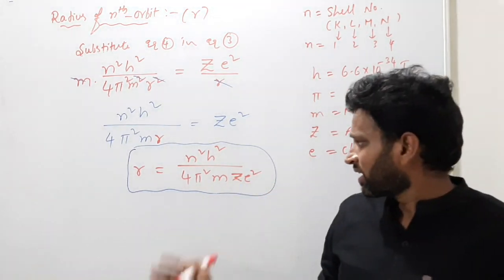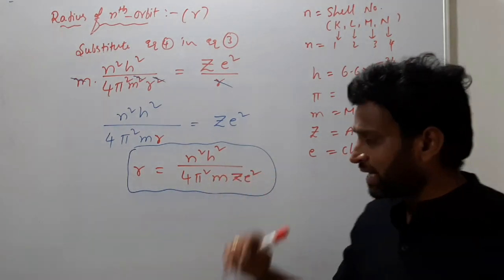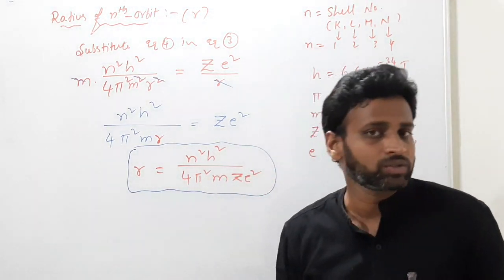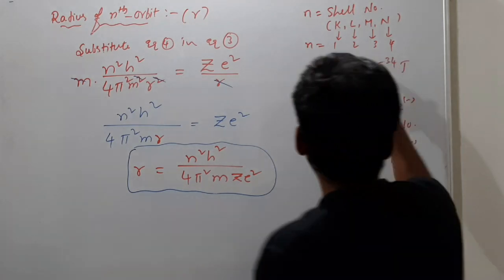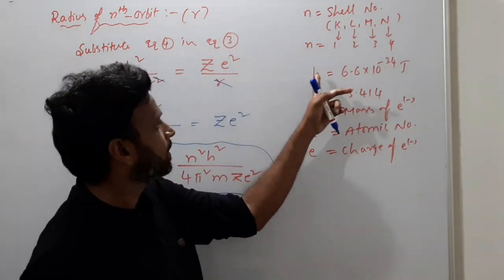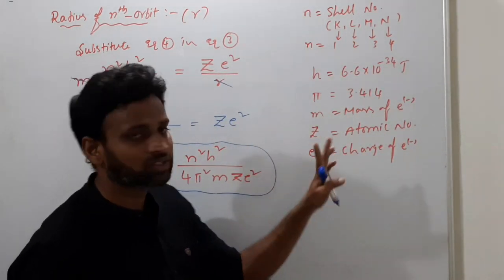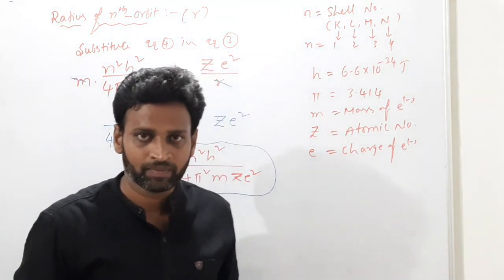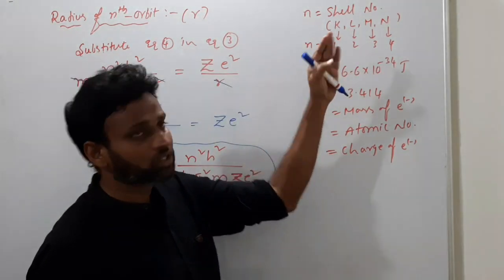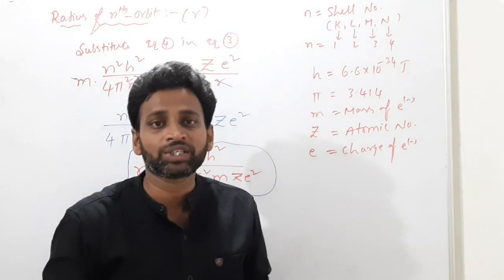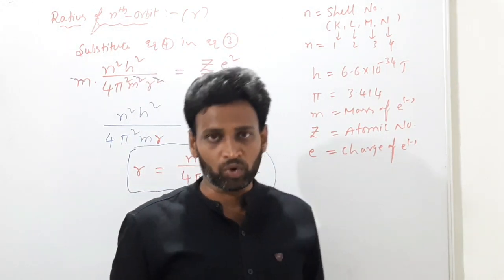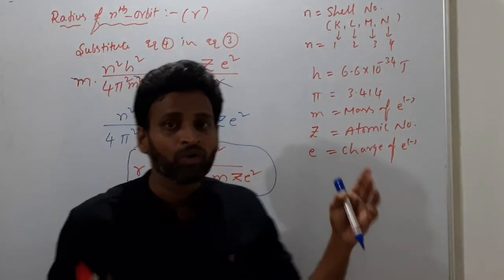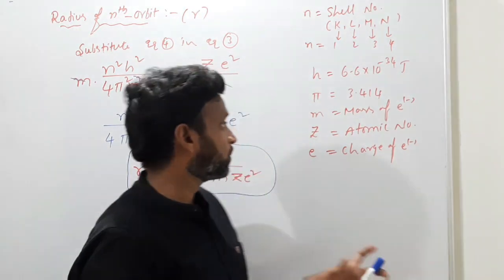Sir, can we use this complicated formula for solving numericals? No. If you substitute these, of course N and Z are not fixed, because the N value depends on the shell. For what shell they are asking the radius, we don't know. At the same time, for what atom they are asking, we don't know.